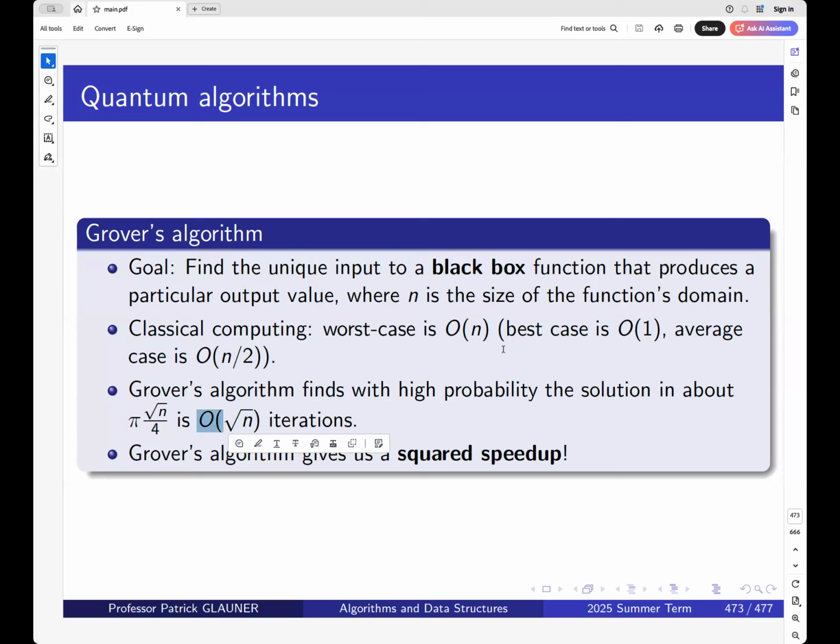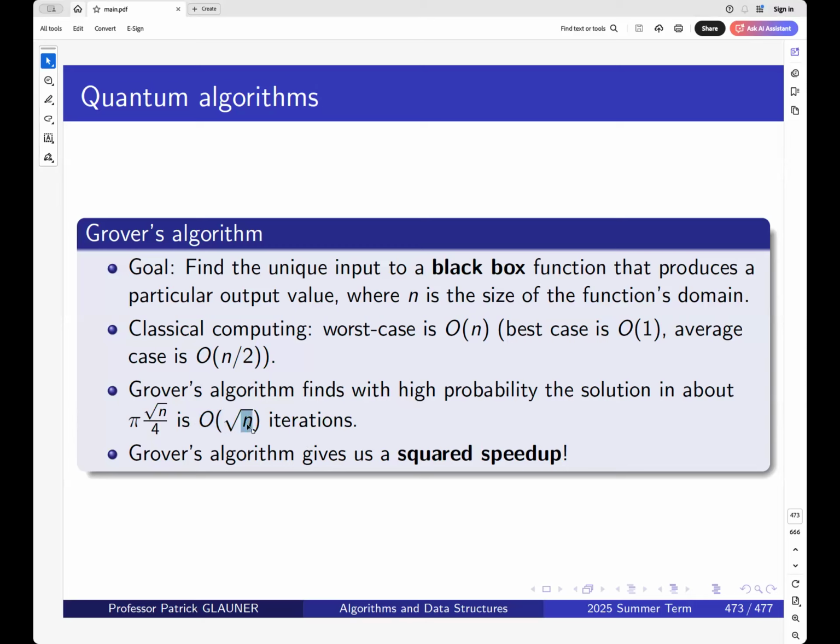But actually with high probability, I get a solution that is correct. And actually the Grover's algorithm takes about pi divided by 4 times the square root of n steps. So it's O of square root of n. With high probability the result is correct, and I may need to run it again.